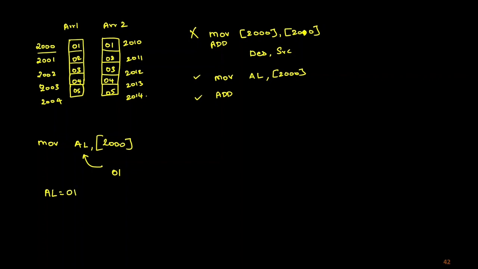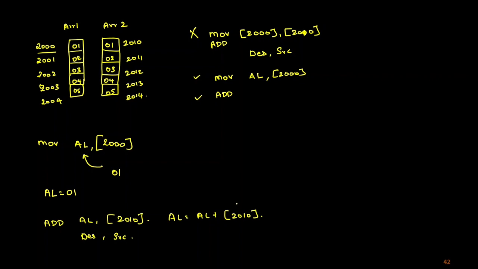Now I can add the next element. For that I give an instruction like this: ADD AL, memory location 2010. What will happen? This is your destination and this is your source. So AL equals AL plus the element at that address.